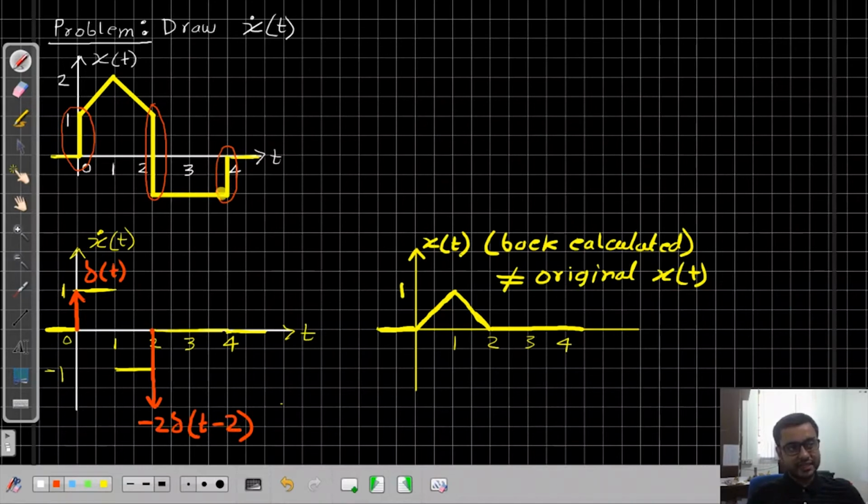Next, consider this step jump here. Again we have a step increment.